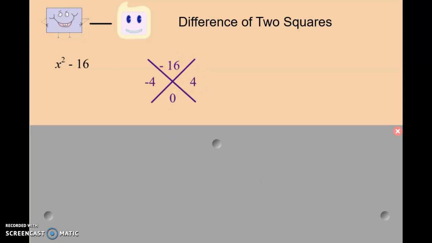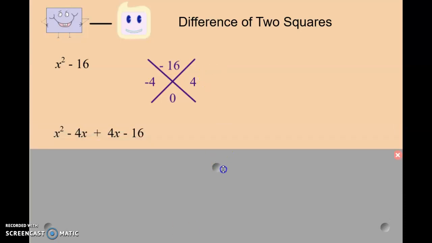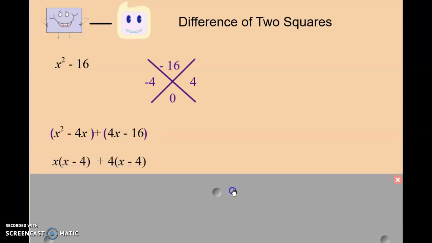Now we can go through and do the problem exactly as we've been doing it from before. So I'm renaming my 0x by using a negative 4x and a positive 4x, which would give me that 0 for the term. Group them like we have been. Take out the greatest common factor for each of them.